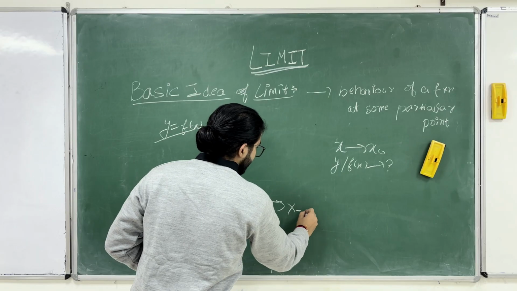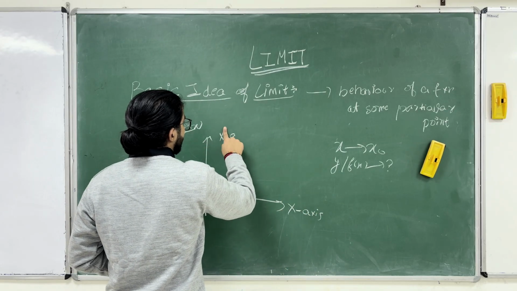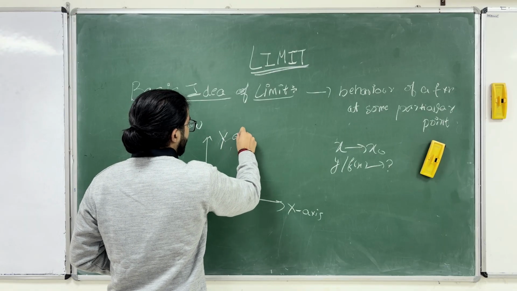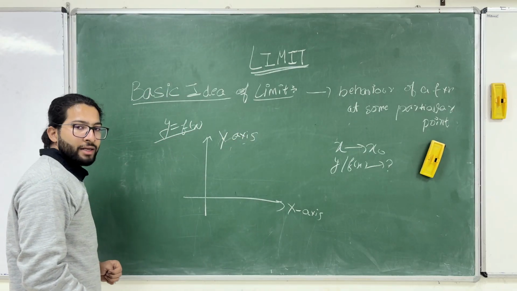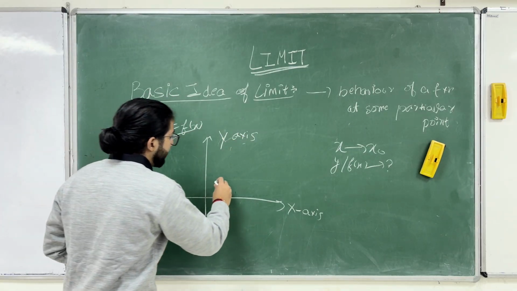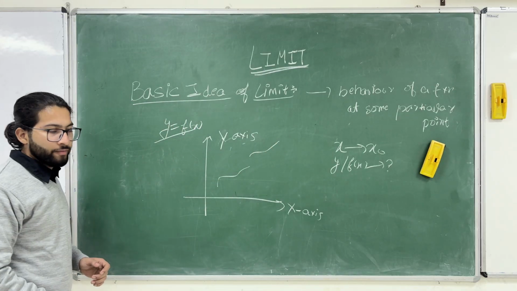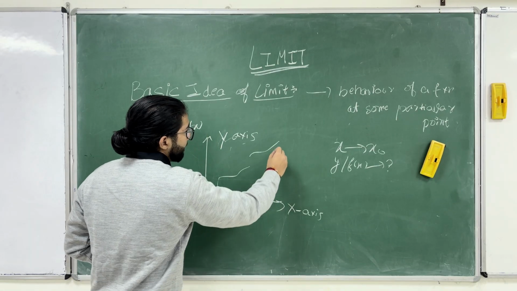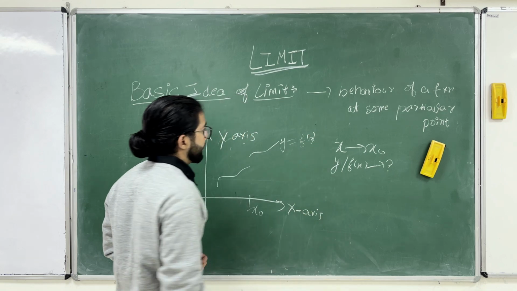Now another graph. This is our x-axis and this one is our y-axis. In this case, I am taking another graph, which looks like this. There is a break. Again this point, let us say, is x naught, and our graph is y is equal to f(x).